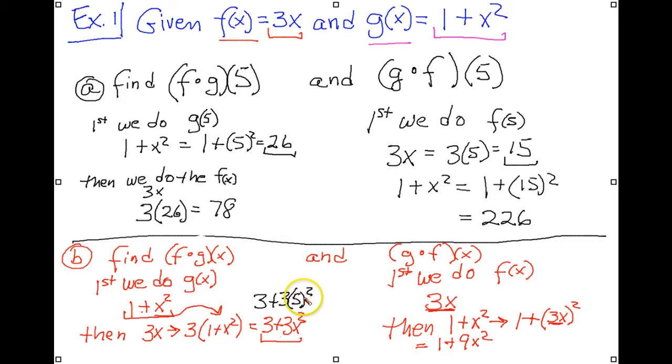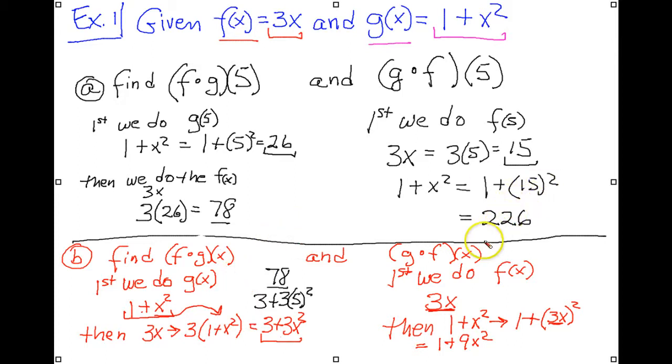What is 5 squared? 25. 25 times 3 is 75. Plus 3 is 78. Wow. Okay, so that means that in a sense checks out.